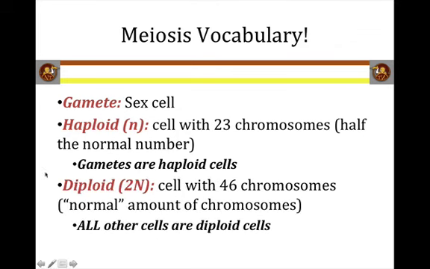On the other hand, we have a diploid cell, which is denoted by a capital N. A diploid cell is a cell with 46 chromosomes, which is the normal amount that human cells usually contain. So gametes, sex cells, are all haploid cells. All our other cells are diploid cells. So those are the skin cells, the brain cells, any tissue, muscle cells.